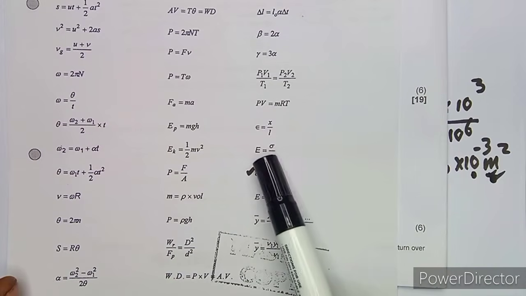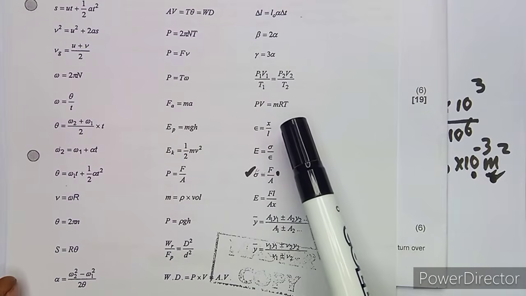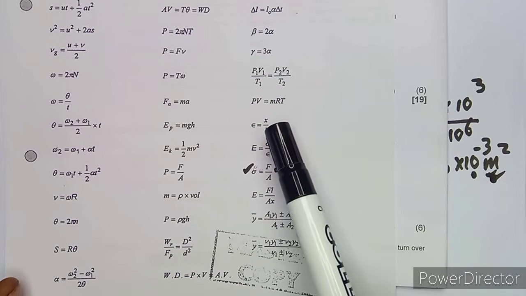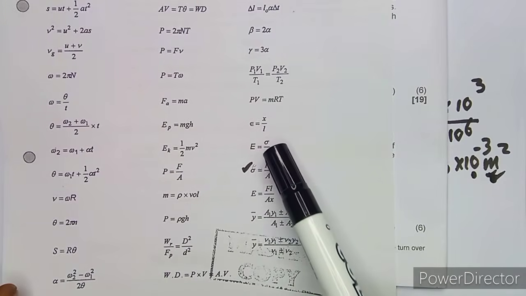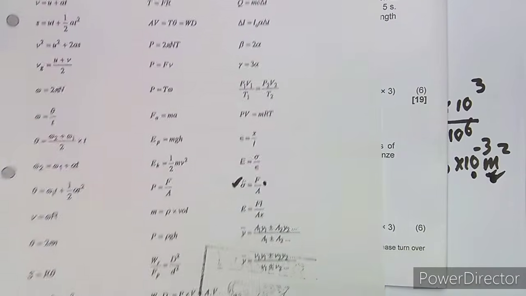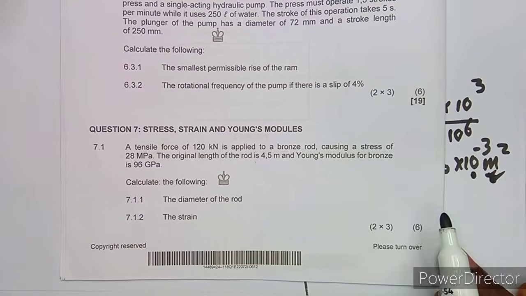Also, we can obtain it if we have the change in length, but we can obtain our strain from this formula of Young's modulus. So how is this going to be possible? That's the question now.